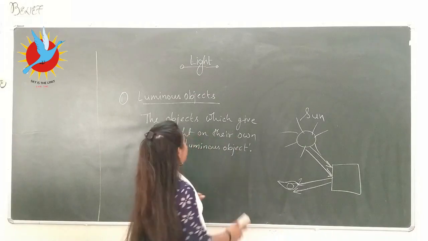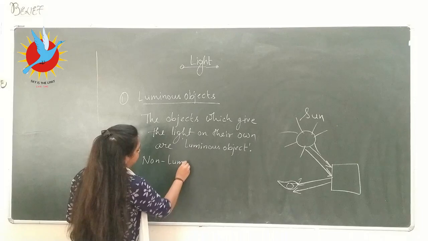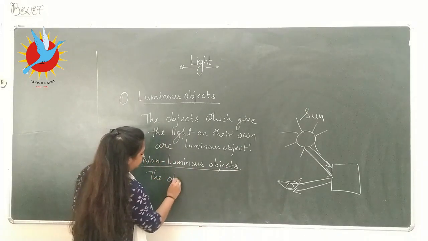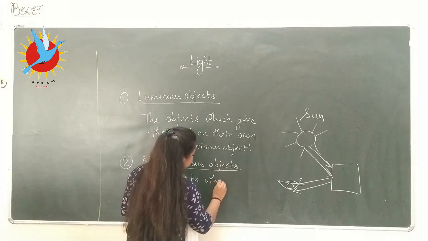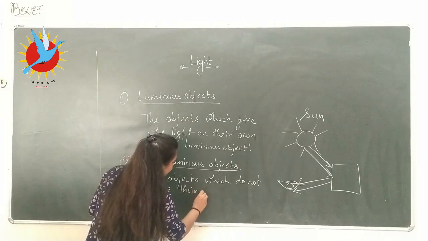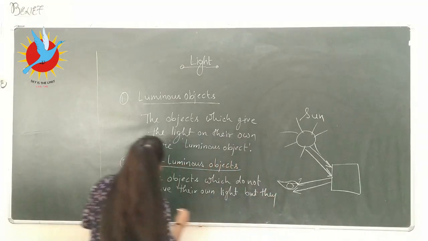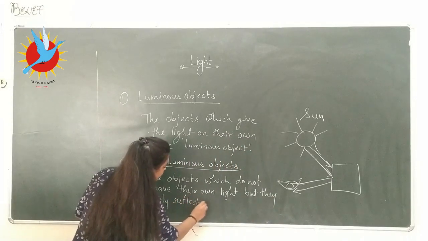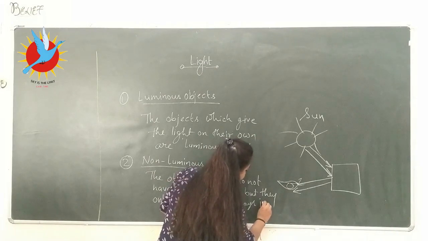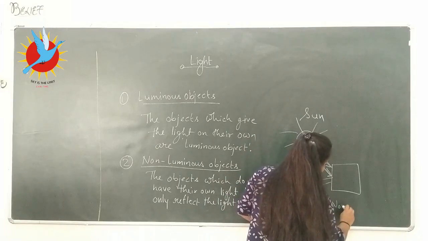Now, the second definition, non-luminous objects: the objects which do not have their own light but only reflect back the light rays incident on them are non-luminous objects.